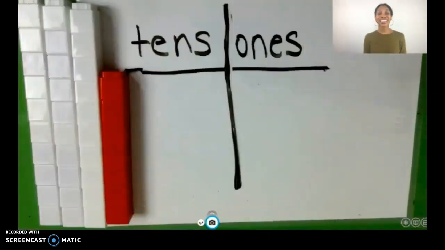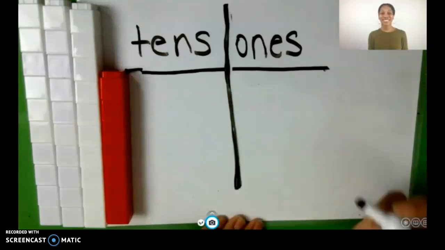Let's go ahead and represent 37 using our linking cubes. Great! Now, let's represent 37 by making 5-group columns. Let's go ahead and do that now.